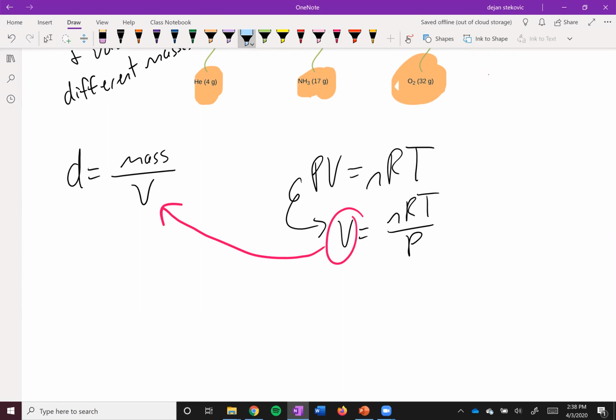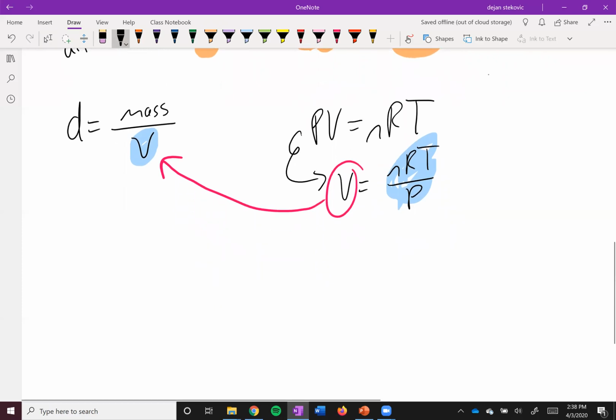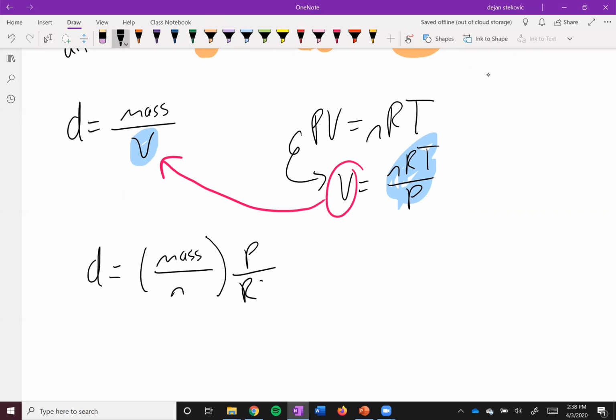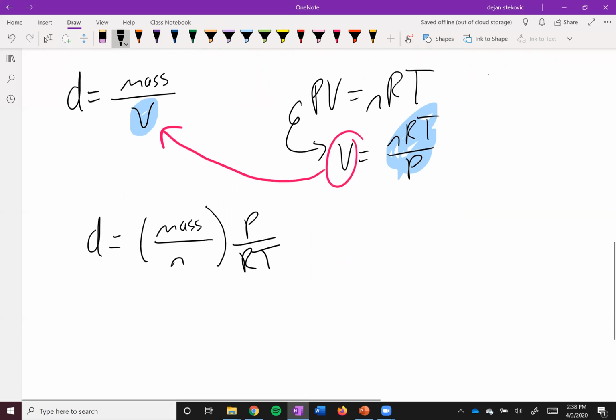So you're going to take all of this and plug it into this place right here. And I'm going to draw it in a bit of a weird way. You'll see why. This is a mass that stayed over there. Over n is equal to P over RT, right? So I just wrote it a little funky way, but if you do the algebra, this is what you'll get.